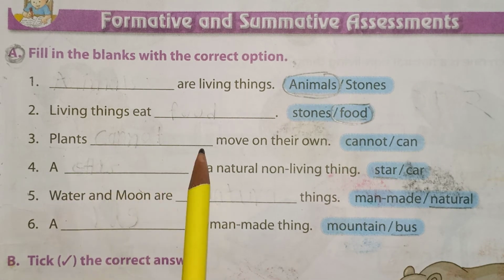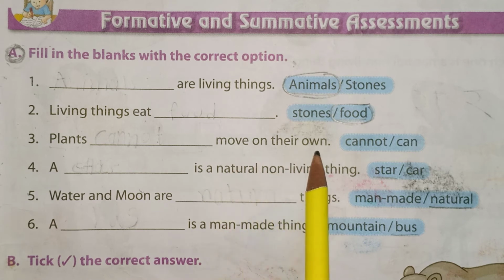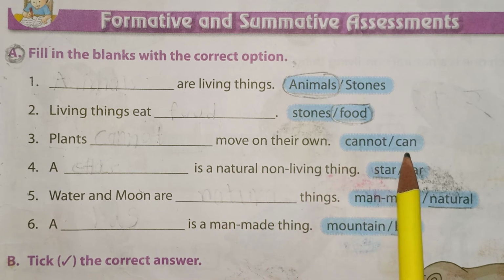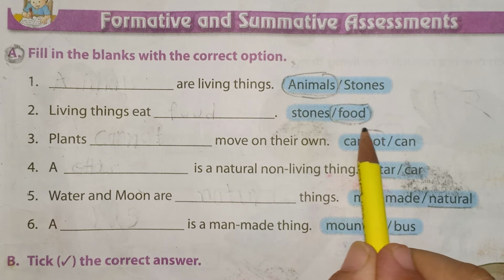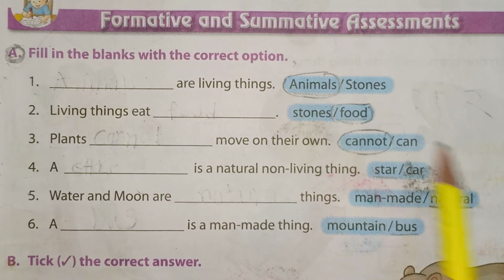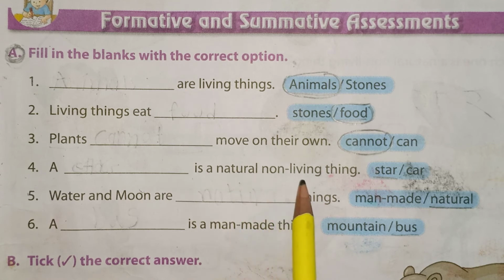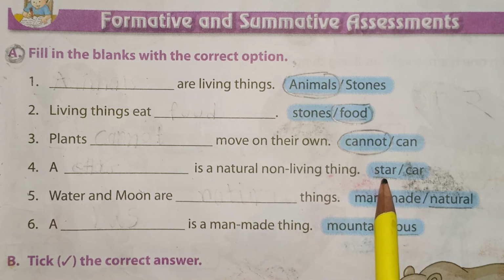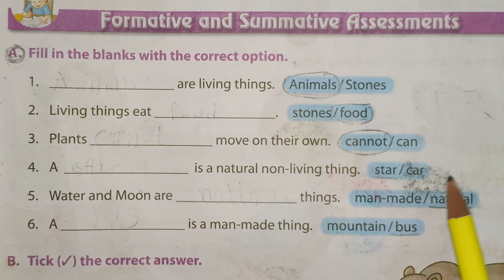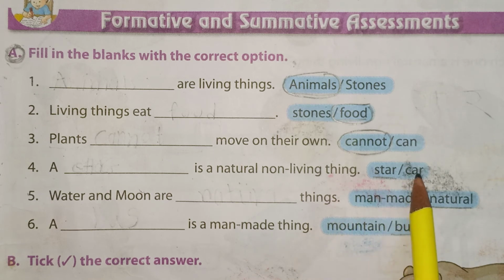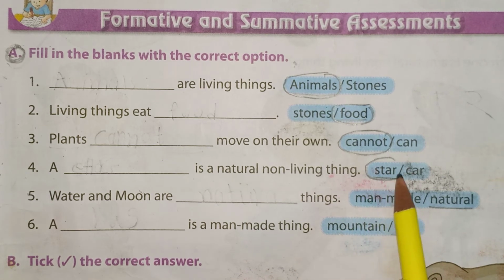Plants blank move on their own. Cannot or can? Yes, plants cannot move on their own. A blank is a natural non-living thing. Star or car? So it is, tell me, natural non-living thing. Both are non-living, but which is natural? That is star.